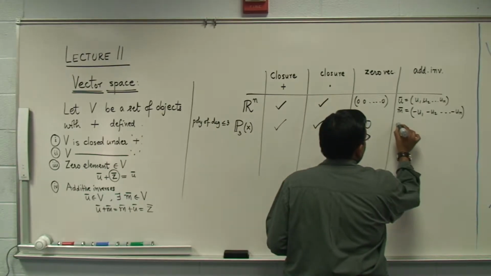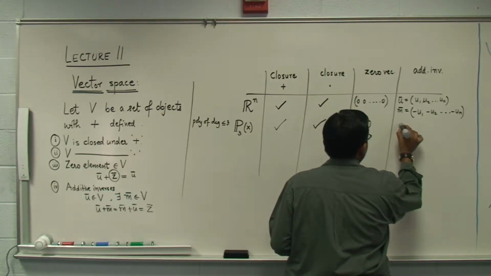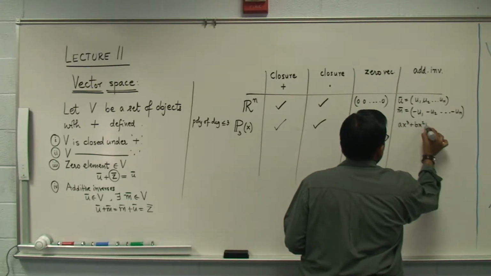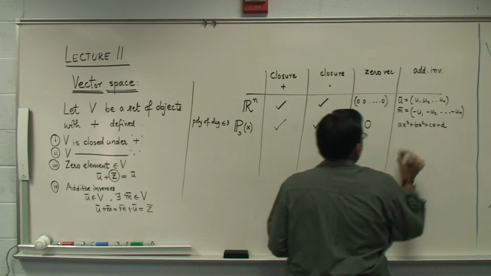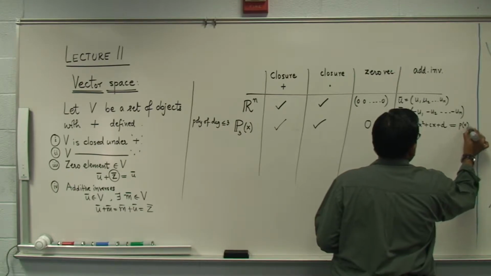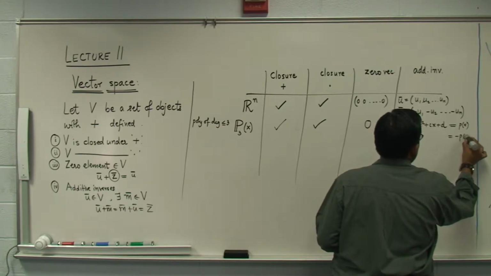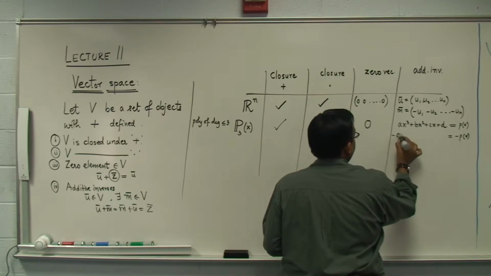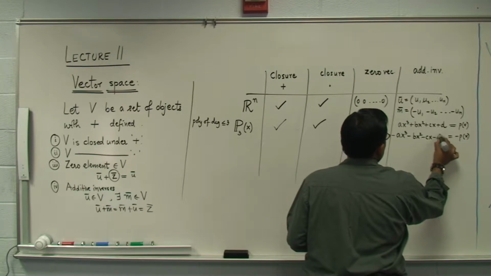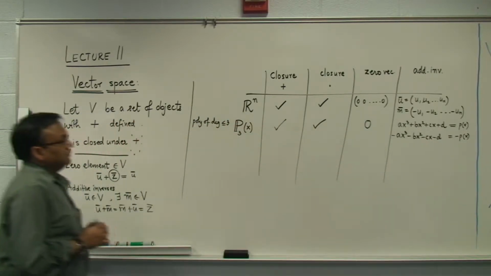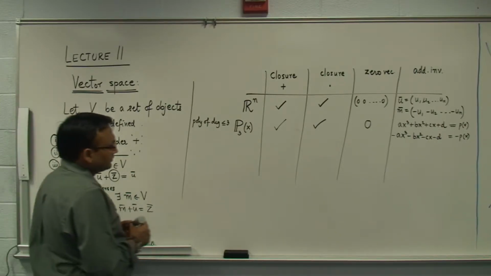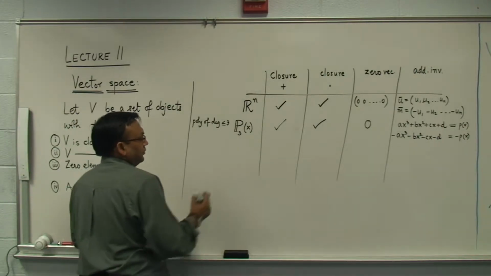And for every polynomial of the form ax cubed plus bx squared plus cx plus d, if this is my polynomial p, I can say I have an additive inverse of that as the negative of this polynomial. So we do have the concept of an additive inverse.